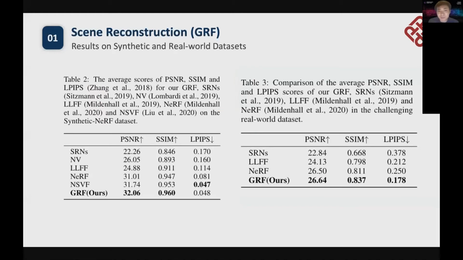So our approach, we tested it on complex synthetic data and also real-world complicated datasets. So far, our approach is the state of the art compared with all the latest approaches. This paper was just online like 2 weeks ago.